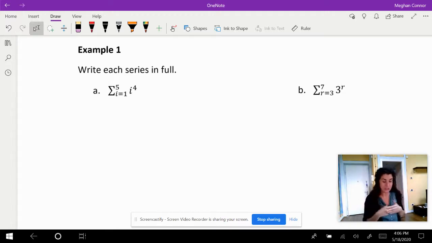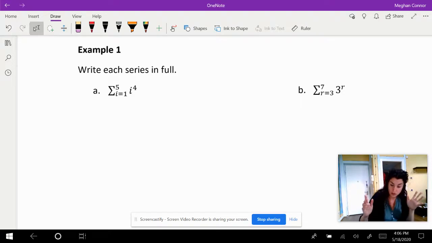Okay, write each series in full. We're not asked to calculate it, we're just asked to write it out. When you type it into the equation editor, it looks like this, but it's still that same idea, even though the 5 and the i equals 1 are to the right of the sigma, it's still one being on top and one being on bottom. So from the first term to the fifth term of i to the fourth, and it says i equals 1, so we're going to do 1 to the fourth, 2 to the fourth, 3 to the fourth, 4 to the fourth, 5 to the fourth, and we're going to add them all up.